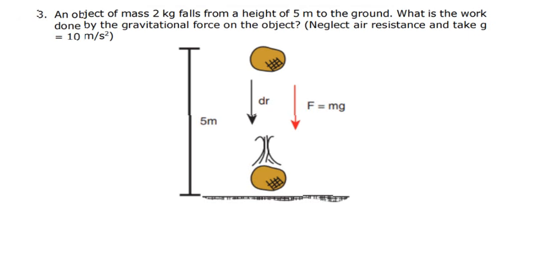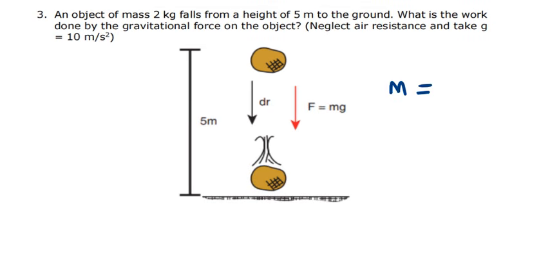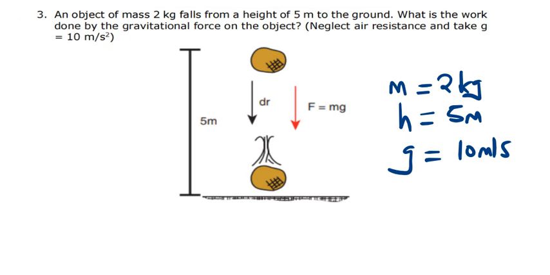So what data have we been given? We've been given a mass of 2 kg. We've also been given a height of 5 meters. Then what other thing? Acceleration due to gravity, 10 meters per square second. So now let's first calculate the weight force.